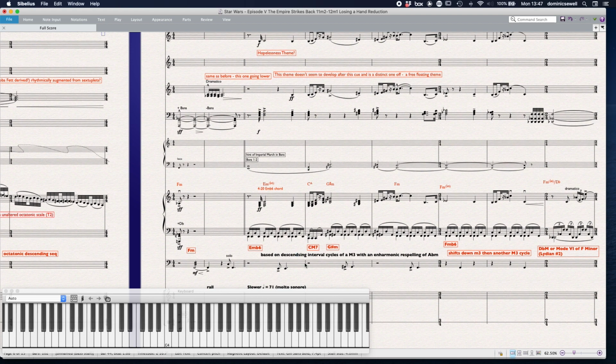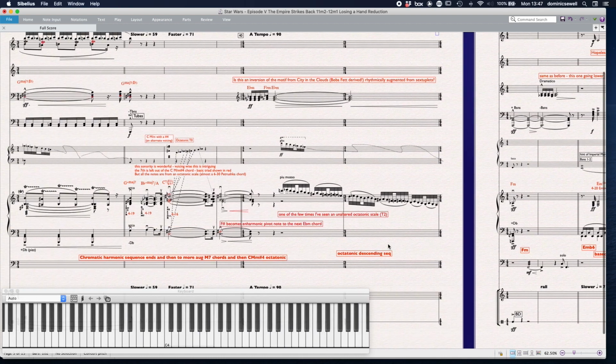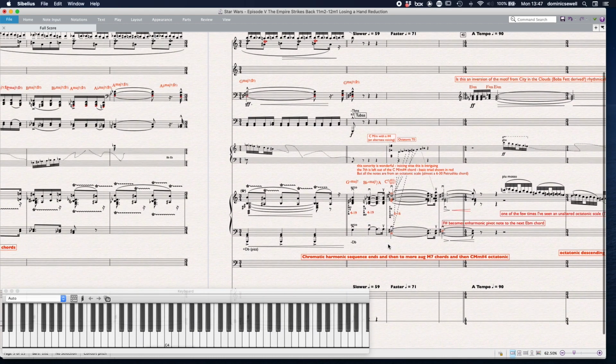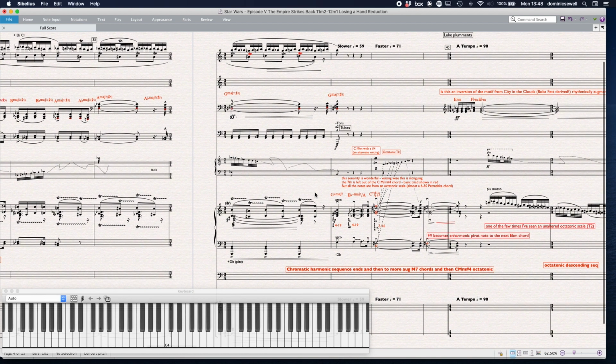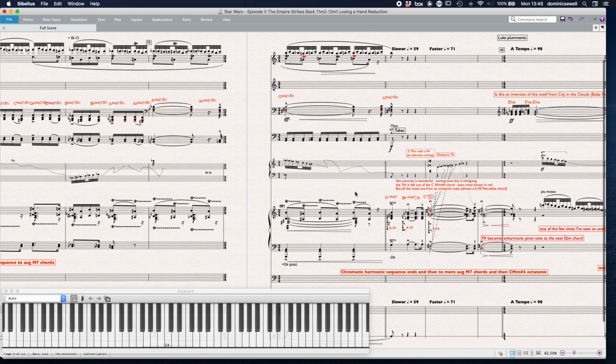It's interesting spelling. There we go. And these sorts of really extraordinary sort of augmented chords with major sevenths as well, so another use. We've seen that so many times, so really interesting.